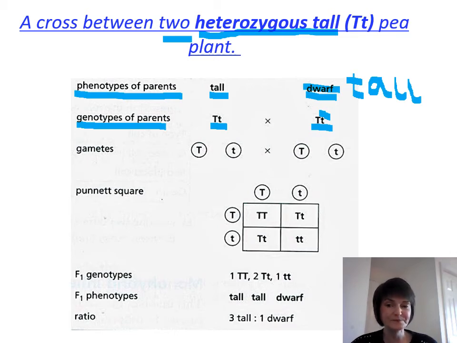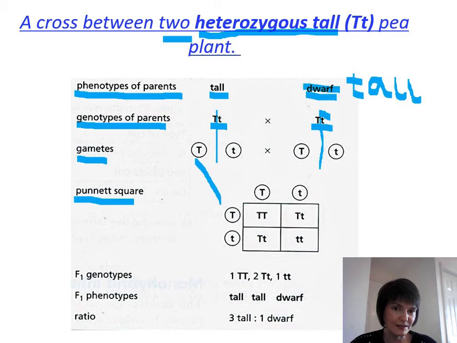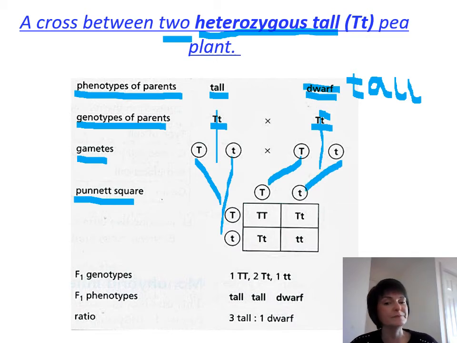Big T, wee t, sorry. Okay, gametes, again, what we've done before, we just halved that. There we go. And again, done our Punnett square. Okay, so we've got the big T, wee t. So again, just big T and wee t, and big T and wee t, and cross them over.